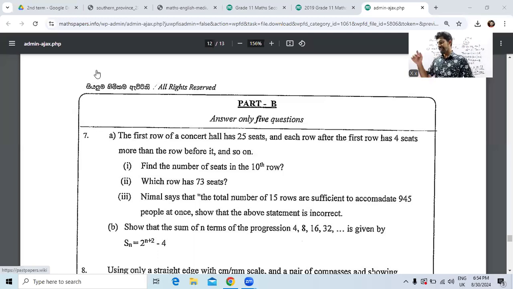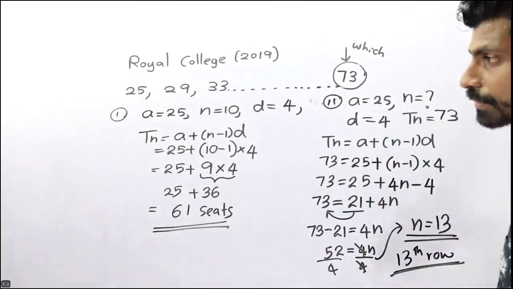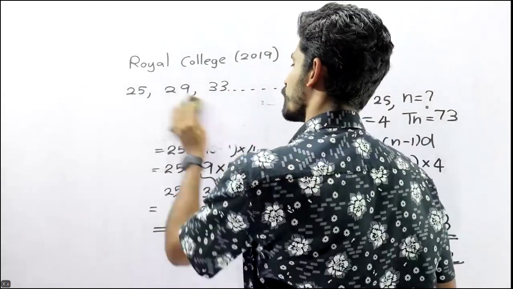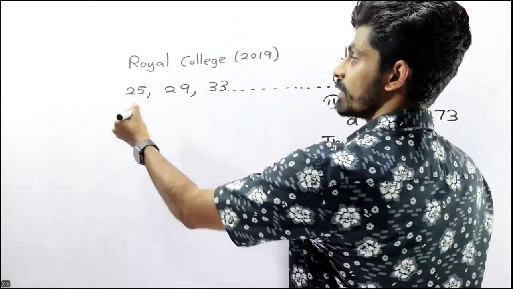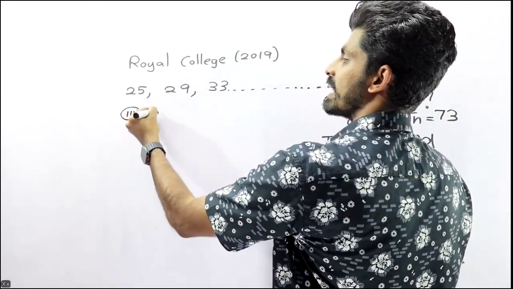Last one. Nimal says a total of 15 rows are sufficient to accommodate 945 people at once. Total means Sn. Show that the above statement is incorrect. So we need to calculate the total value for 15 rows.